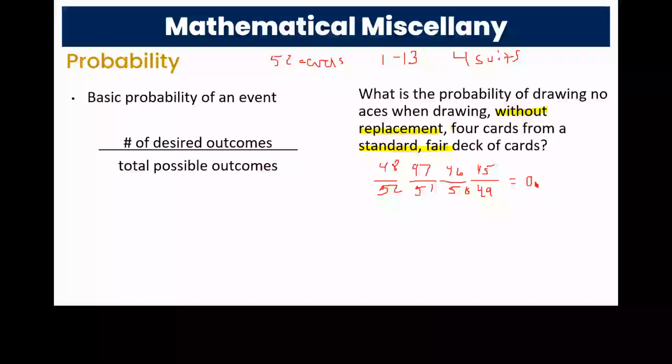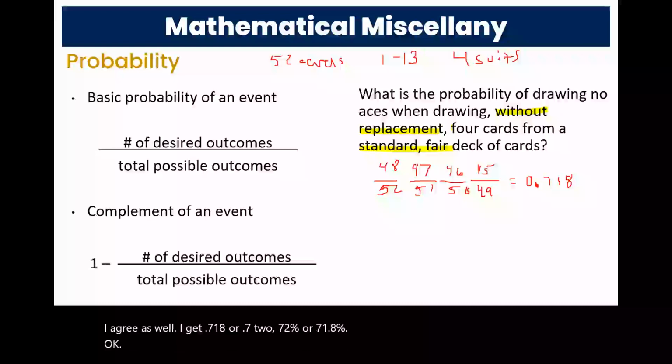We got 1.72. I agree as well. I get 0.718 or 0.72. 72% or 71.8%.